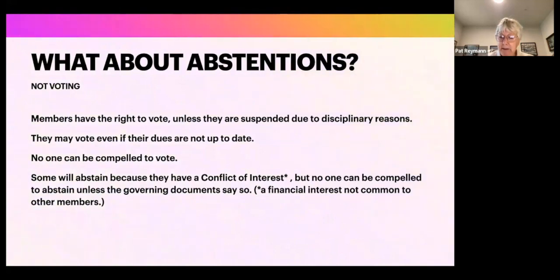So some will abstain because of conflict of interest, but no one can be compelled to abstain unless the governing documents say so. And I have seen some governing documents that say a person with a conflict may not vote.